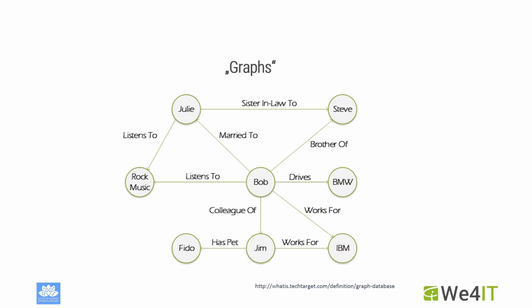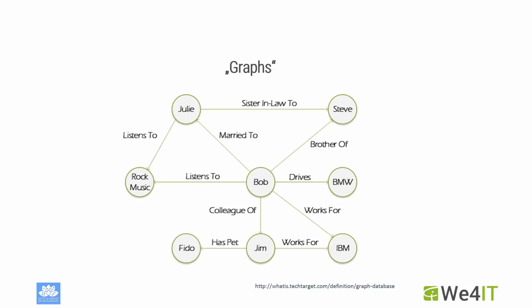And these objects on this chart, those circles like Julie, Steve, and Bob, are objects, or let's call them elements. So Steve is an element of type person, Julie also, Bob also.